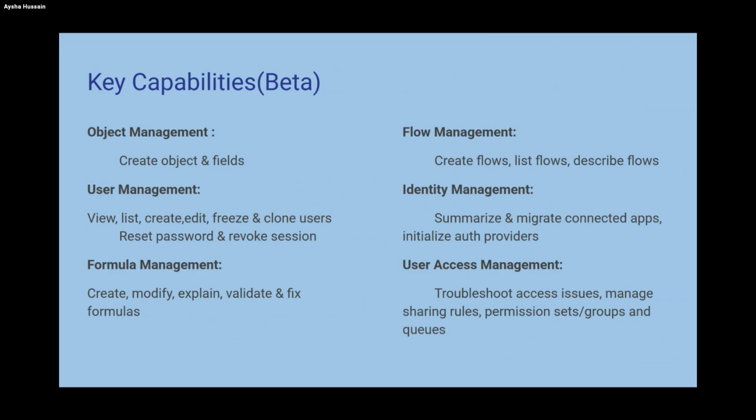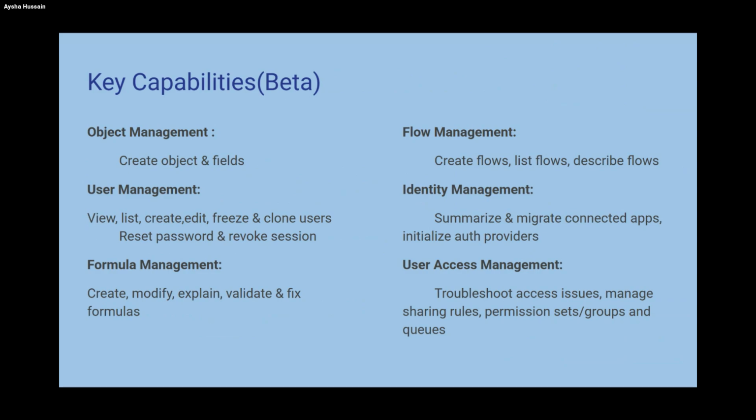And in flow management, in today's world, automation is the key. For each and every task, even the business users ask for automation in every step possible. So with flow management, we can utilize this assistant to create flows. Also, there are a lot of flows that have been built from the day the org was set up.